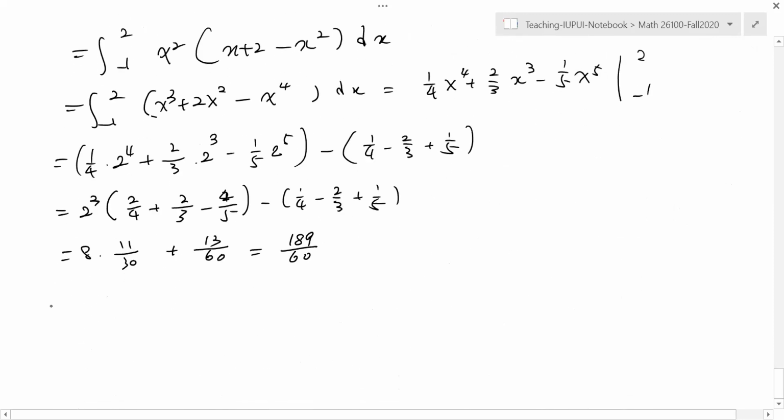If you want to do this, the only difference is that the density function becomes x squared, so the integrand is x cubed. The integral region is still the same.